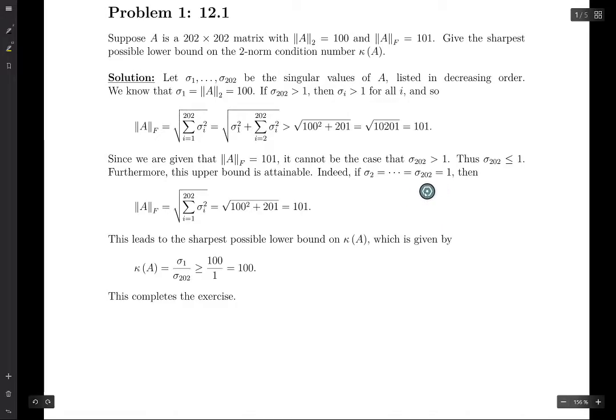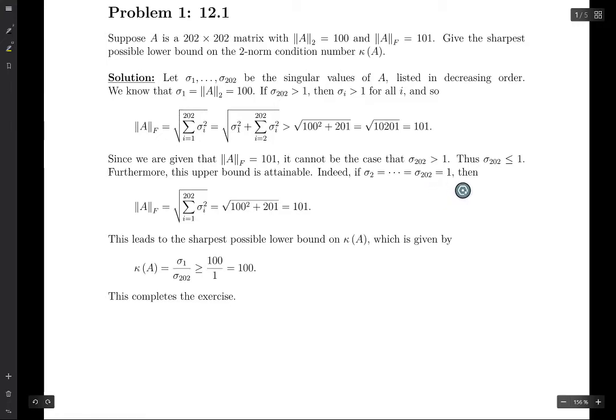These singular values satisfy everything that we need them to satisfy: sigma 1 is 100, and the remaining singular values are positive numbers, listed in decreasing order. So you can make a matrix which has these singular values.